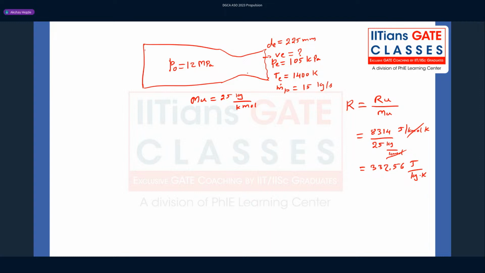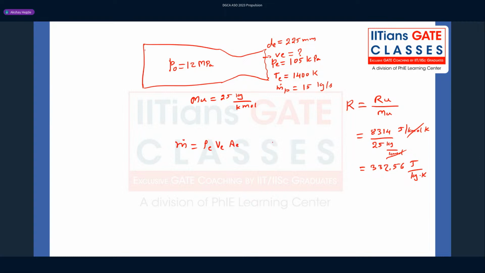looking at this problem, what we have to calculate here is the exit plane velocity. The mass flow rate can be calculated using the exit plane information, that is the density at the exit plane, velocity at the exit plane, and area at the exit plane.